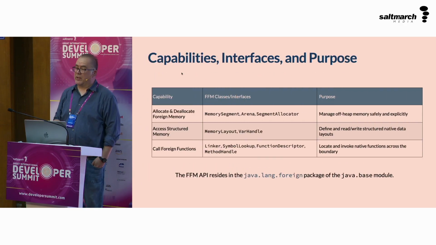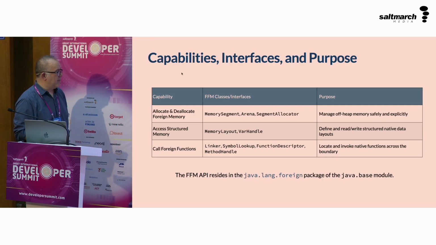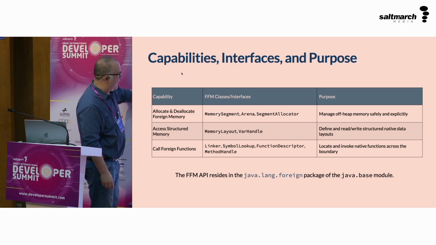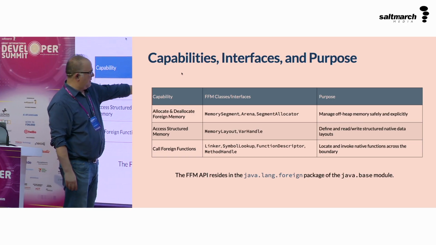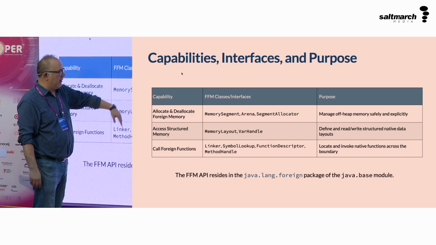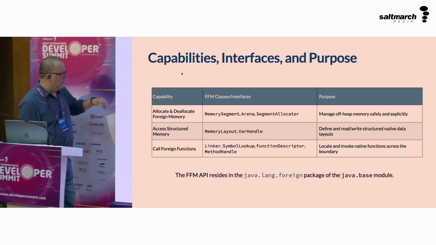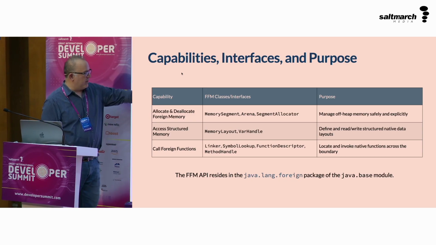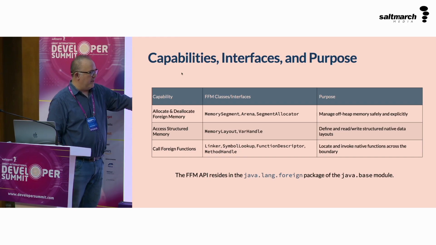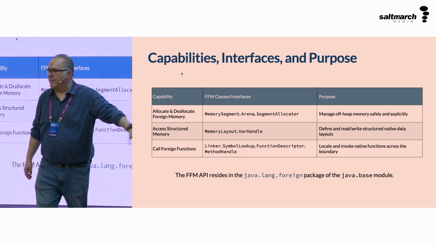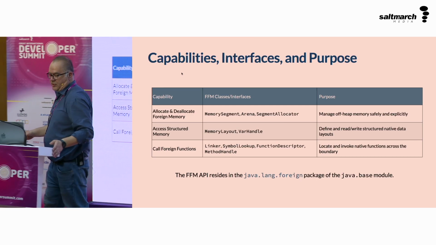So some of the things that we're going to be using in these demos that I'm going to show you is allocating and deallocating memory. We have things like MemorySegment, Arena, and SegmentAllocator. This will allow us to manage memory. We can use MemoryLayout and VarHandle. This will describe the data and provide us a schema, some sort of structure for that.